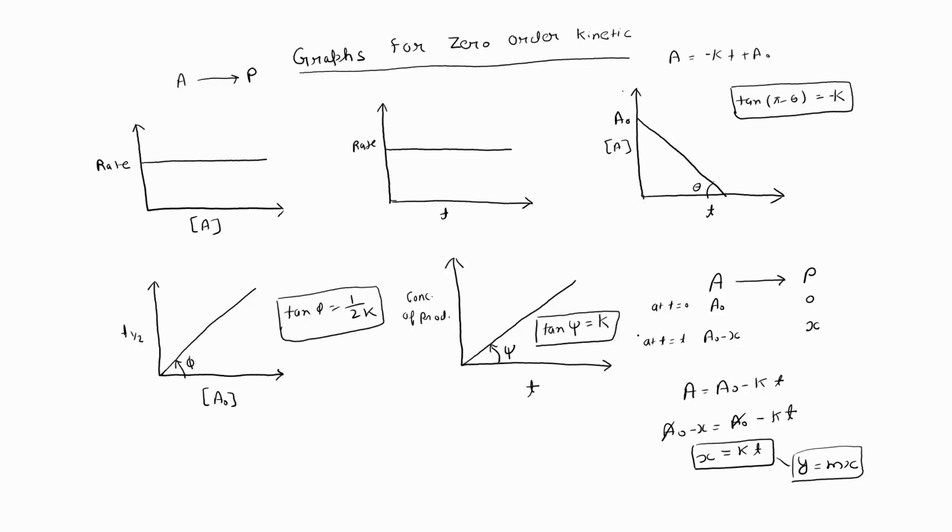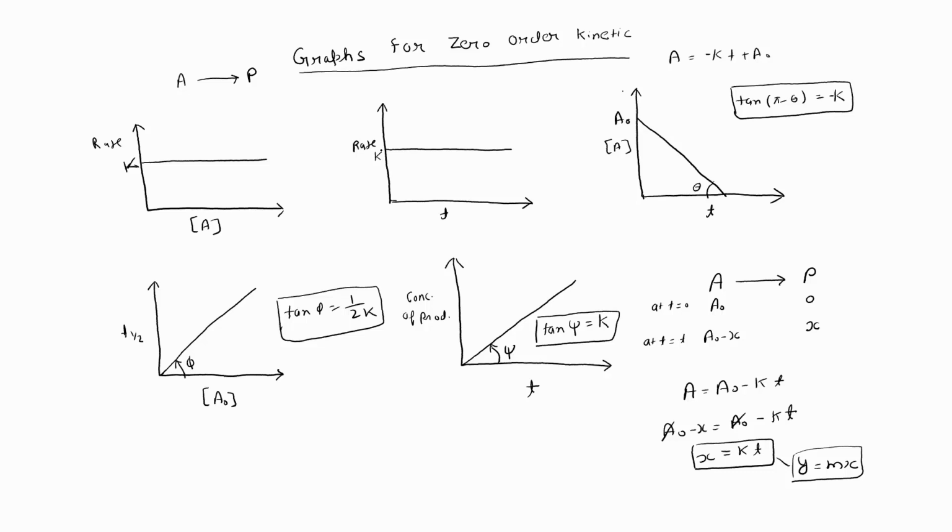So we have a total of 5 graphs. For a zero order reaction, rate is always a constant value as long as temperature is constant, which is equal to the rate constant k. And rate with respect to time is also constant because rate does not change with time.